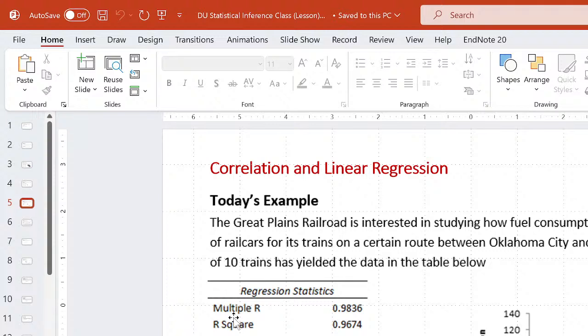We're going to need this multiple R squared, not this one. We're going to need this one, and there are 10 observations. But we'll tell you about that as we go along. This is just some of the outputs that you're going to get. Woohoo! There's an analysis of variance table. Okay, what's that about? Well, at least now you're familiar with it.